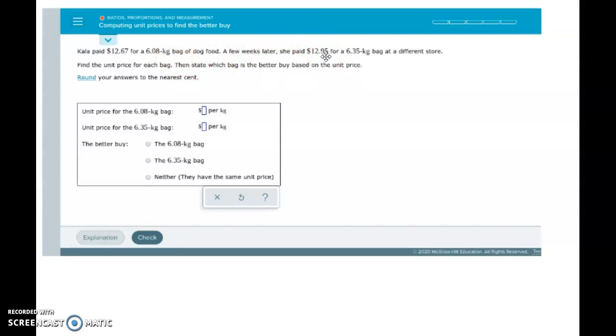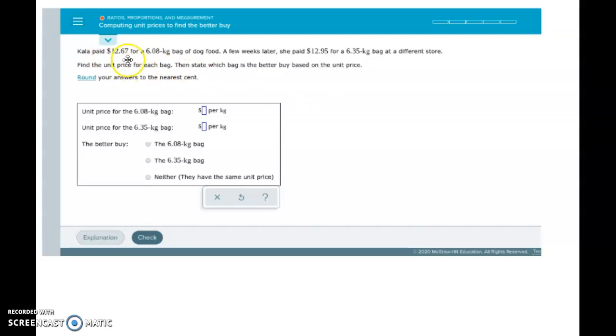But in here, they're trying to make it a little bit more tricky by giving you different kilograms and different prices. But don't worry, we've got our ways to solve these problems. It's really easy. And I'm about to show you how to solve for each kilogram, and then we can compare.